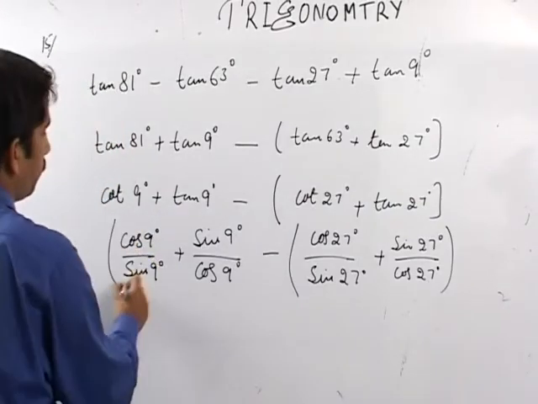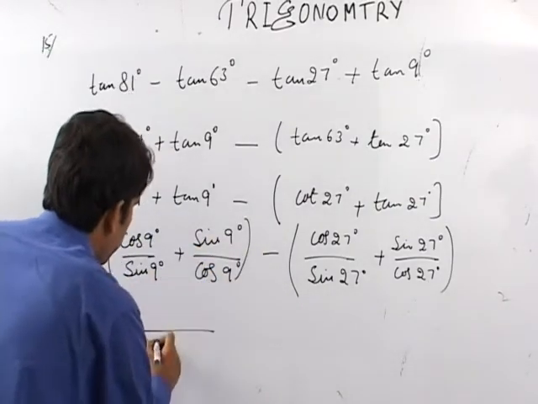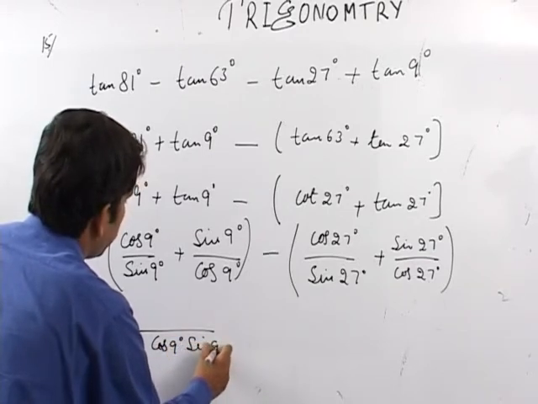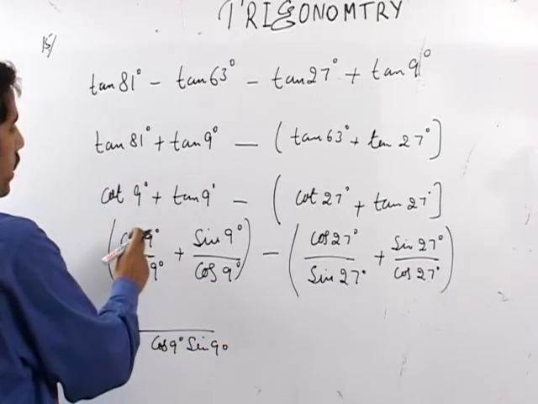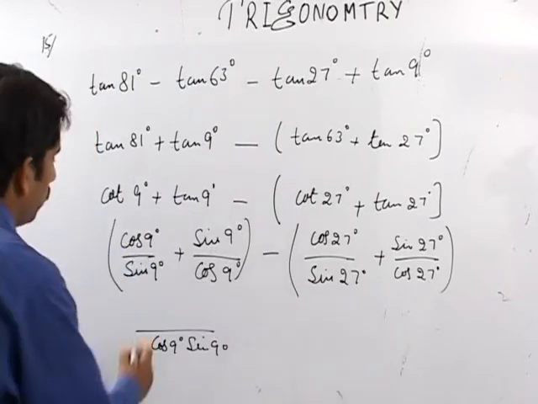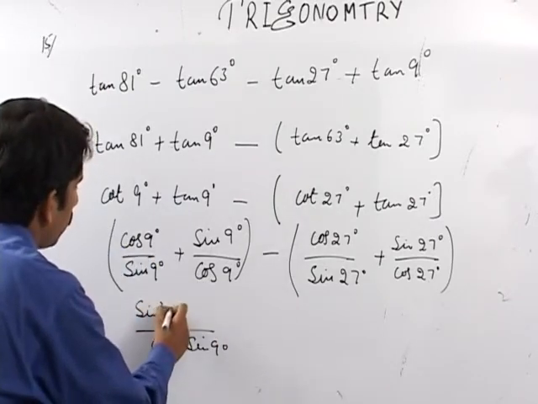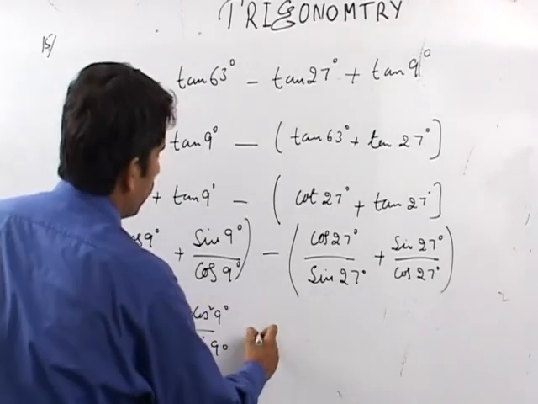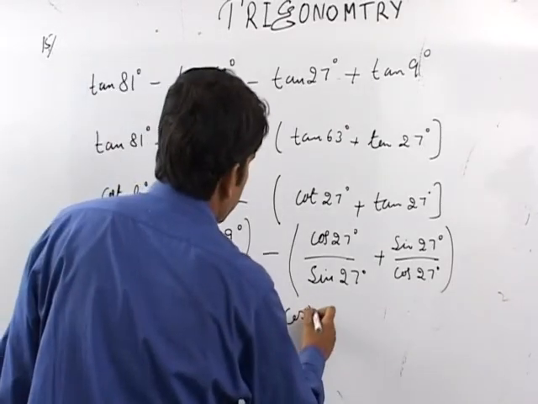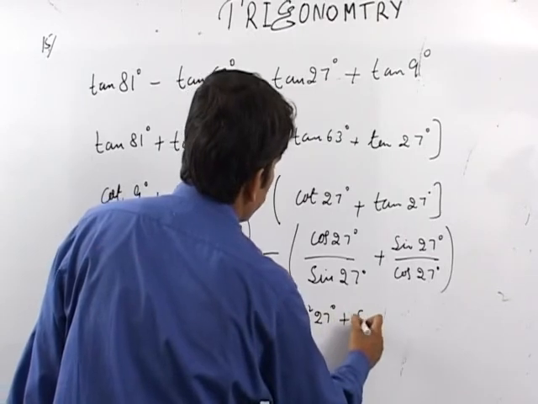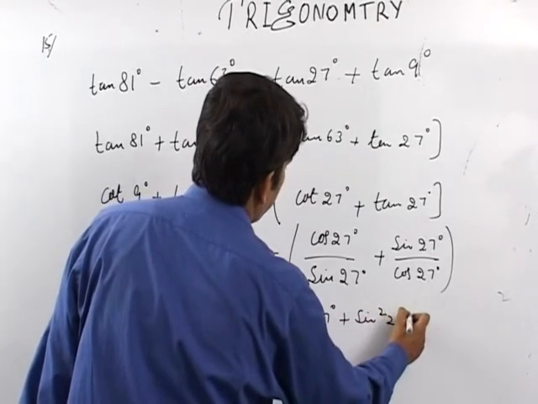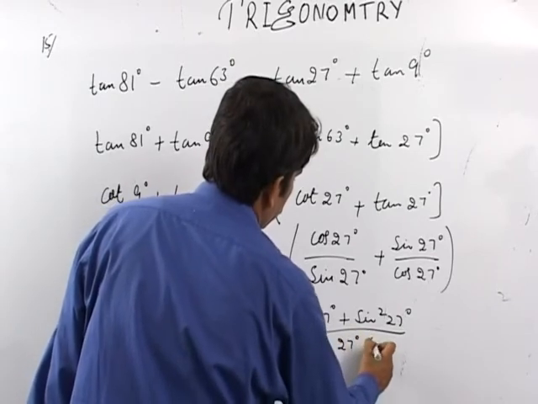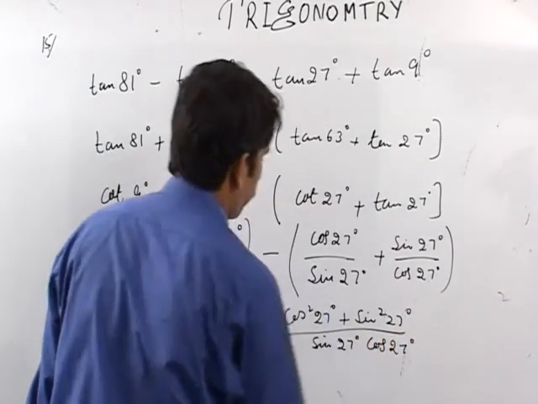When you take LCM, you will get cos 9 degree sin 9 degree, and this will be cos square 9 degree plus sin square 9 degree, minus cos square 27 degree plus sin square 27 degree over sin 27 degree cos 27 degree.